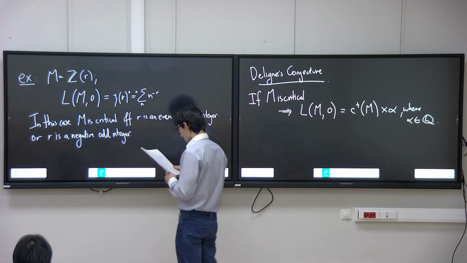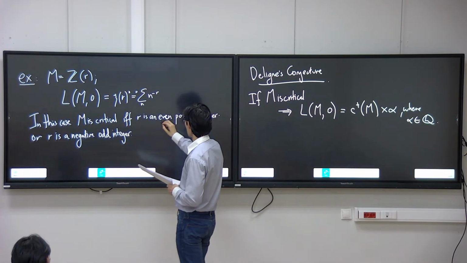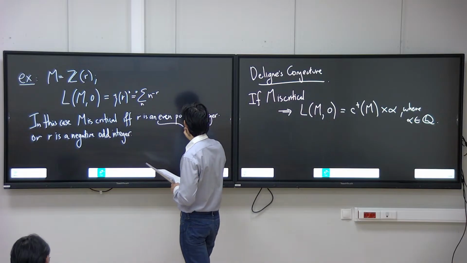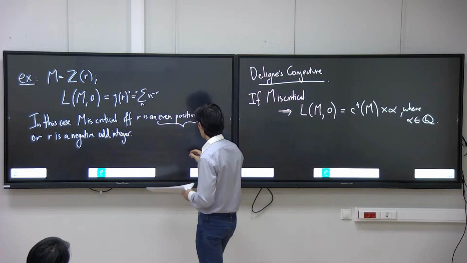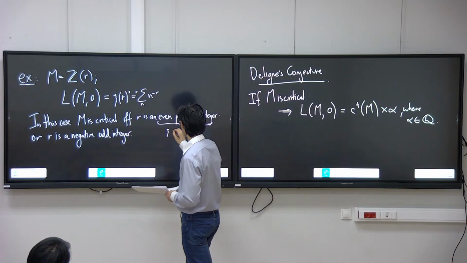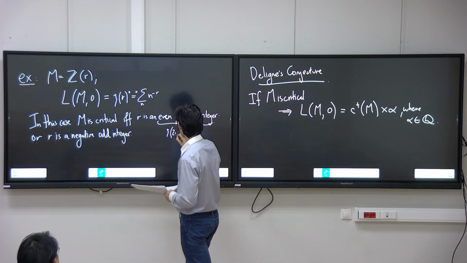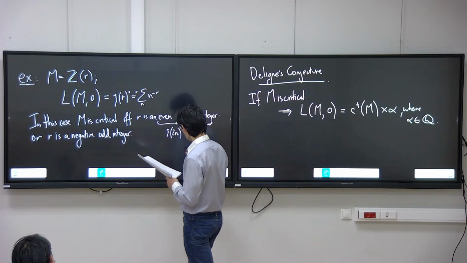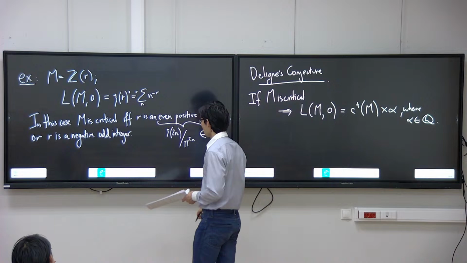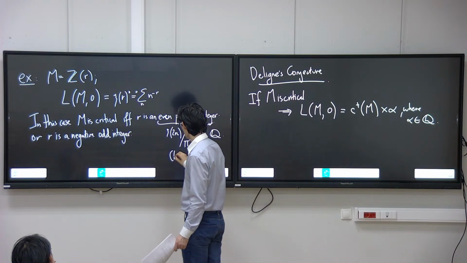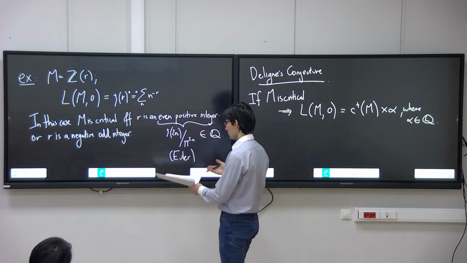In this case, Euler, a long time ago, computed that the zeta function at a positive even integer n divided by pi to the n is a rational number. This is due to Euler. He proved this using functional equation techniques.